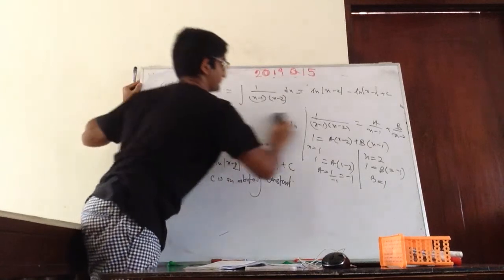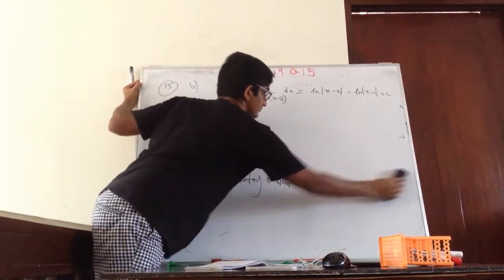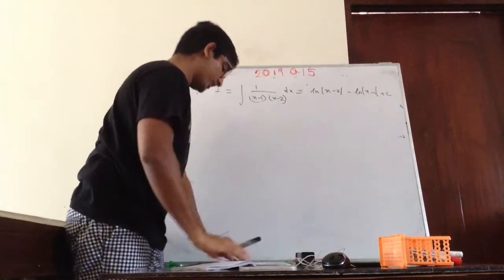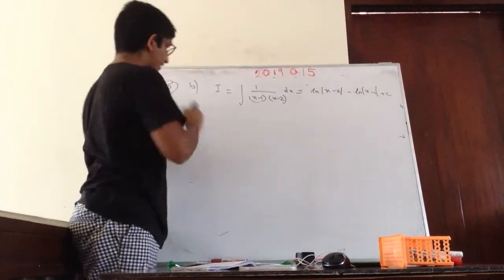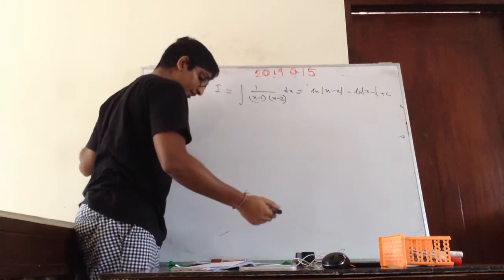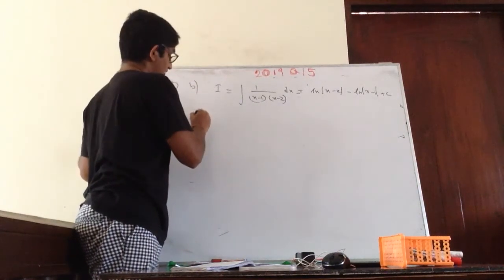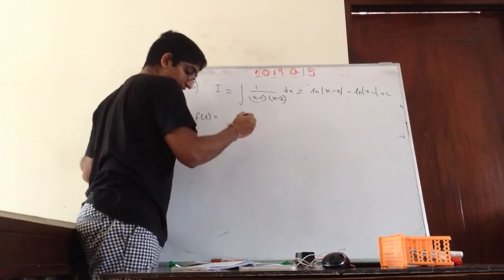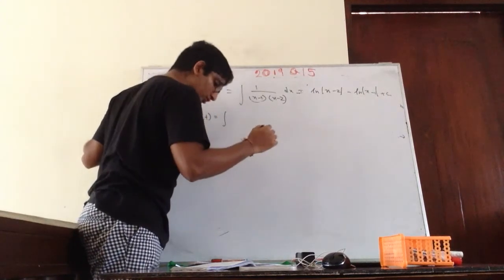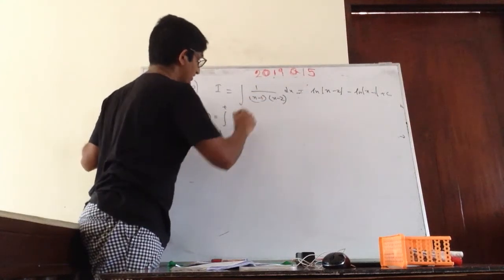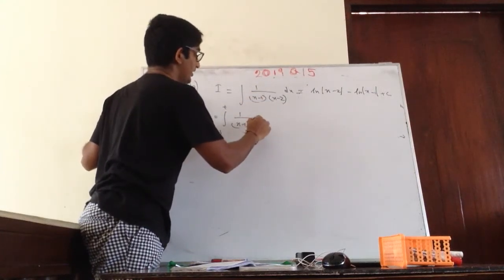So now they are asking us to find out, as in, we have to reduce this now. Now I need to find what is F of t. F of t is what? So the integral from 3 to t of 1 over x minus 1 times x minus 2.